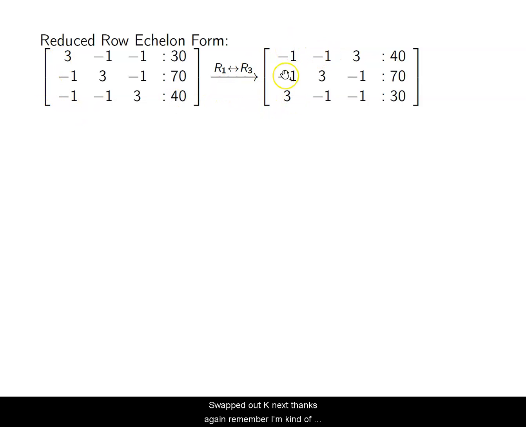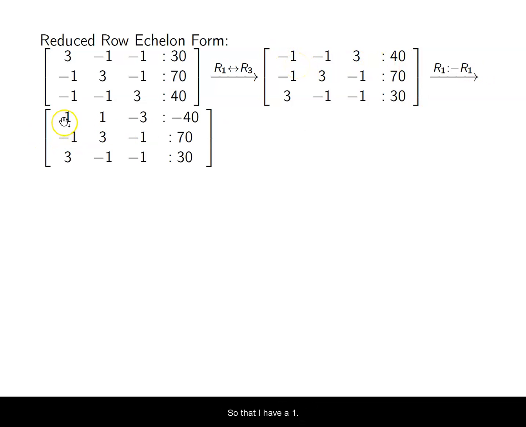Okay, next thing, so again, remember, I'm kind of trying to do one thing at a time. So the next thing I'm going to do is I'm going to multiply all of this by -1, so that I have a 1 here. And now I want to get zeros below. So I'm going to do something a little different, because I'm assuming you guys have experience now that we're on the 3rd section. We've covered quite a few examples, and you should have done some homework and things like that.